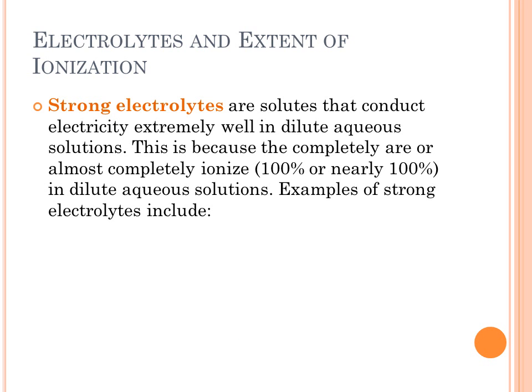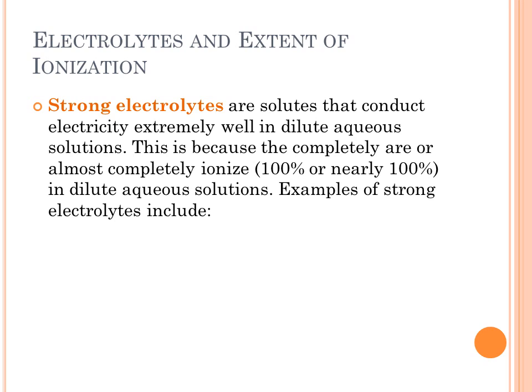Strong electrolytes are solutes that conduct electricity extremely well, especially in dilute aqueous solutions. That's because they completely or almost completely ionize, that is 100% or nearly 100% in dilute aqueous solutions.